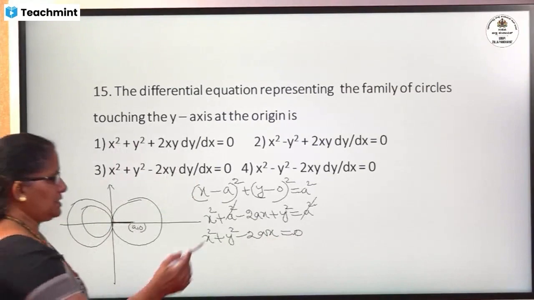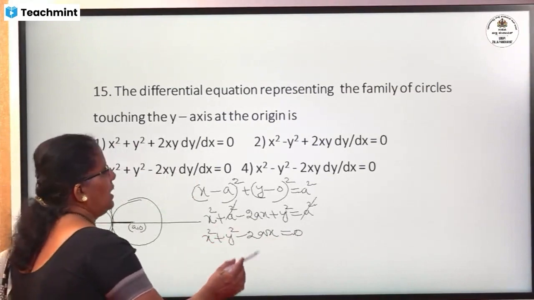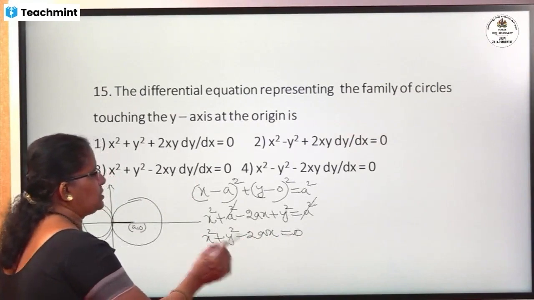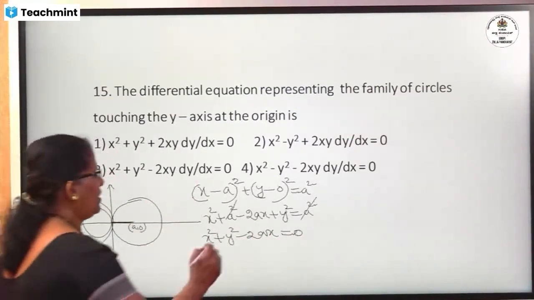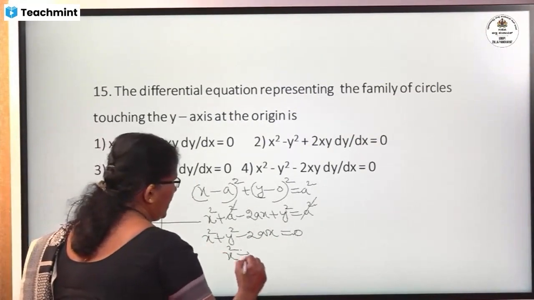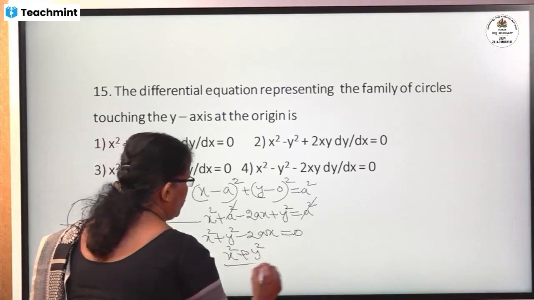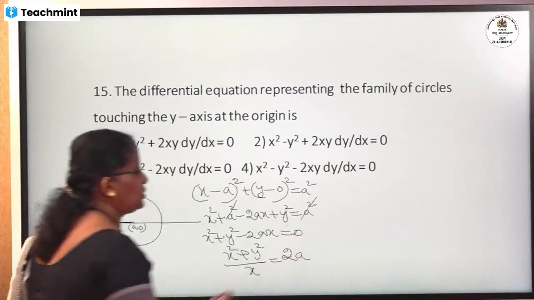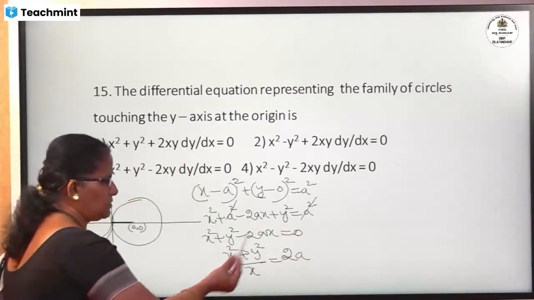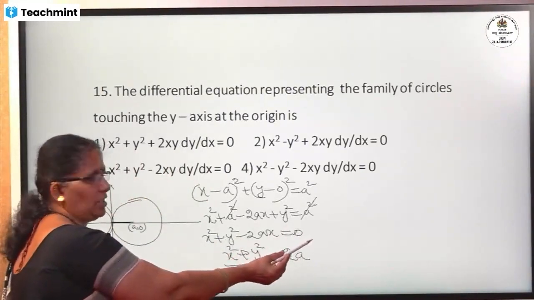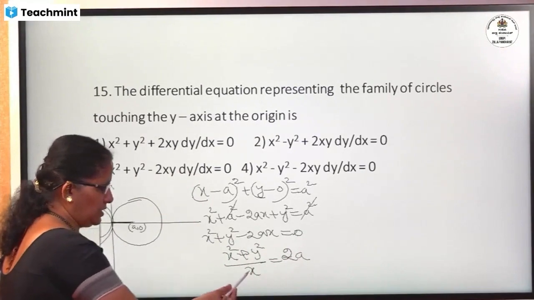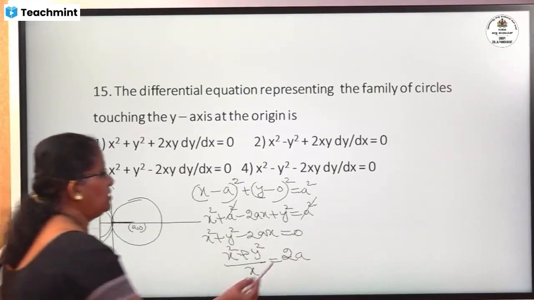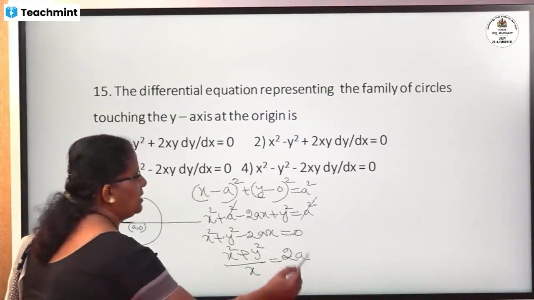Now as it is, I can differentiate this and get the value for a and substitute in this equation. But that will be an unnecessary headache. So what I will do, I will write it like this. Just check if that is all right. I'll shift this minus 2ax to the right, it becomes 2ax. That x I will shift to the denominator, and what I get is 2a. Now can you see that the right hand side is a constant?